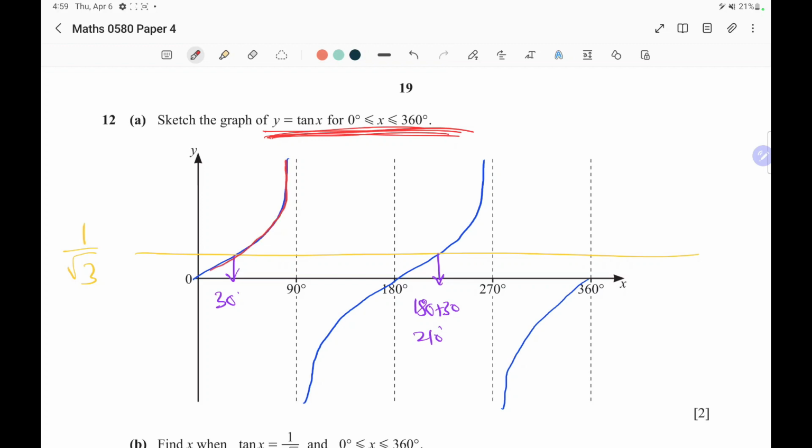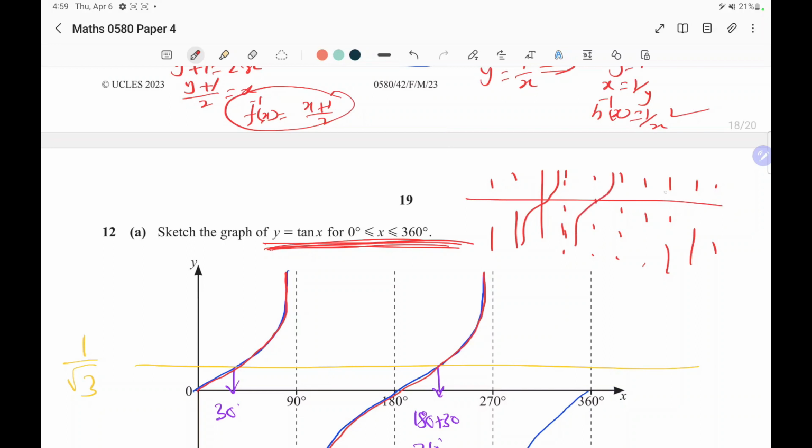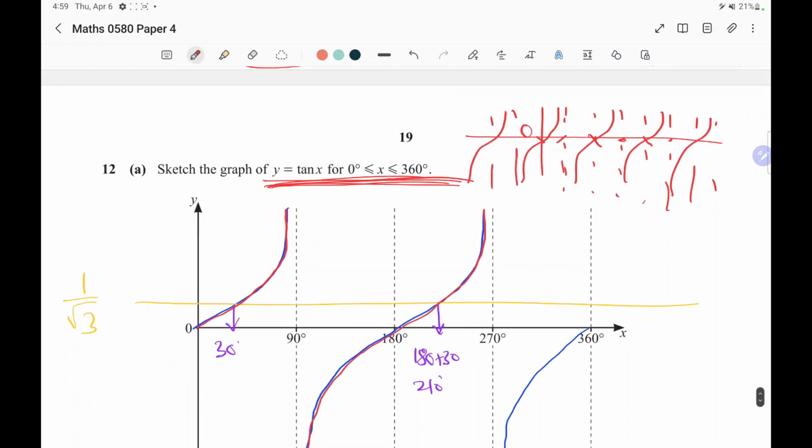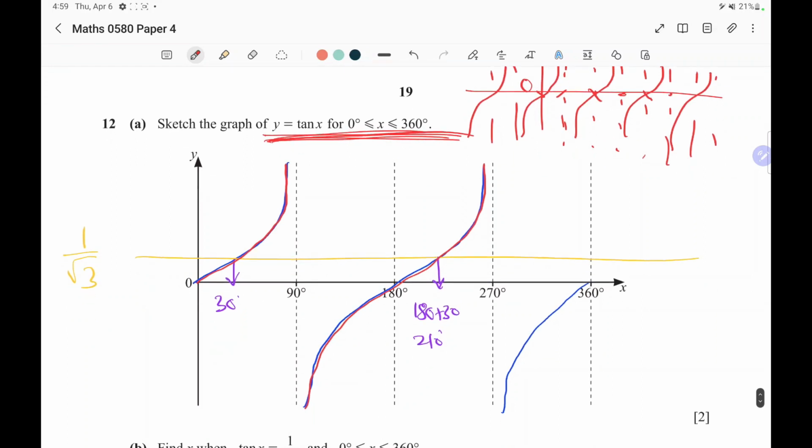And the curve passes through 180, and the tan curve is always like this, guys. Okay, this is 0, suppose. So this is 90, this is 180, this is 270, this is 360, and then again 90 further. But we have to draw only from 0 to 360 degrees. So this curve is there for you.